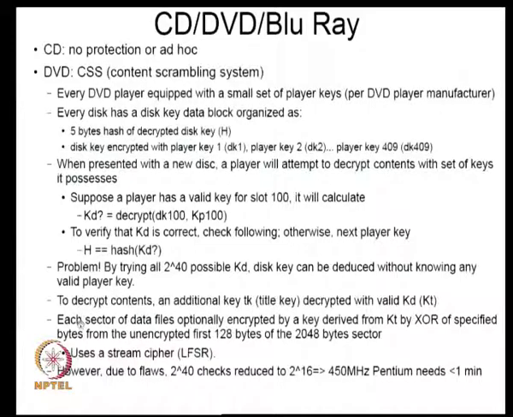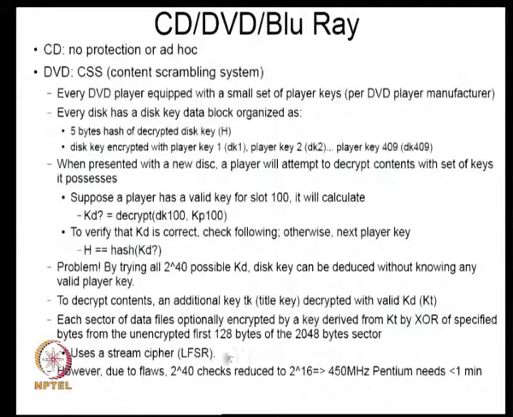What they did was, each sector of data files optionally encrypted by a key derived from this title key. As I told you, you had a disk key first and then you get a title key, and then you take the title key and XOR with some bytes from the unencrypted first 128 bytes of each 2K byte sector. So, there are 2K sectors in the DVD, you take the 128 bits, use that as input along with the KT, the key you got, and feed it to what is called a stream cipher.